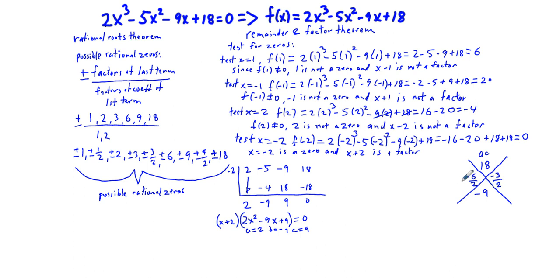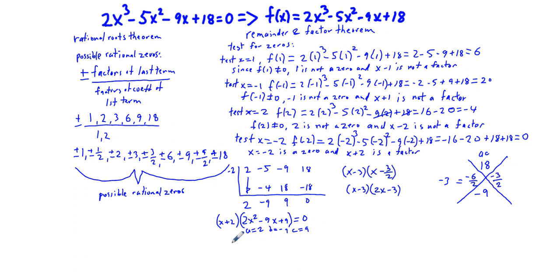So on the left side, negative 6 over 2 simplifies to negative 3, and the right side, negative 3 over 2, does not simplify. So we have x minus 3 times quantity x minus 3 halves. And using the bottoms-up method, we take this 2 up here, so we have quantity x minus 3 times quantity 2x minus 3.